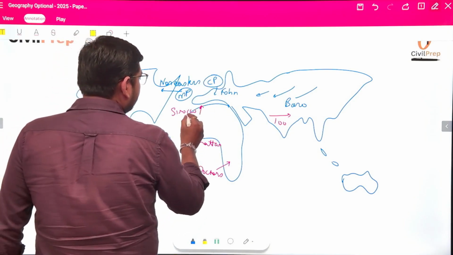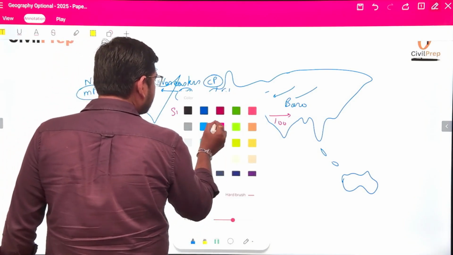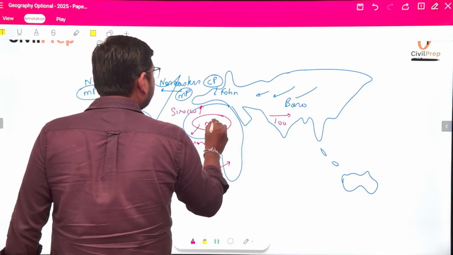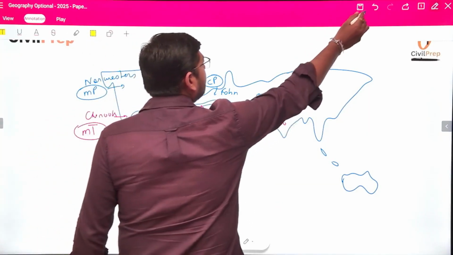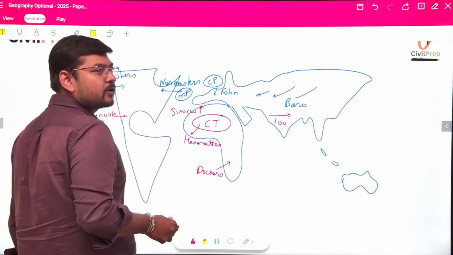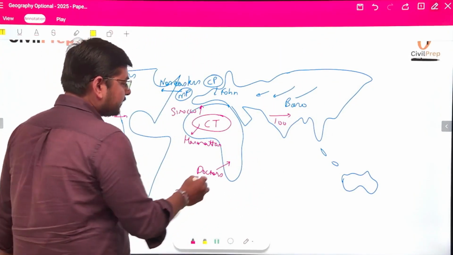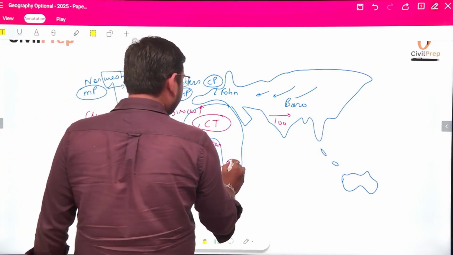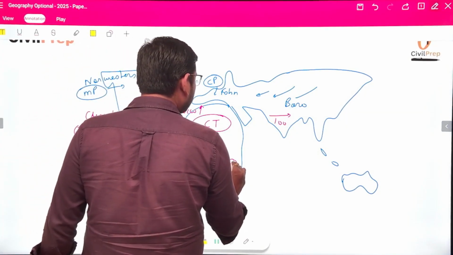This Sirocco, you can see in this region, has continental tropical, where we have the presence of the Sahara Desert. Here we have the presence of the Namib Desert. Here we have continental tropical.